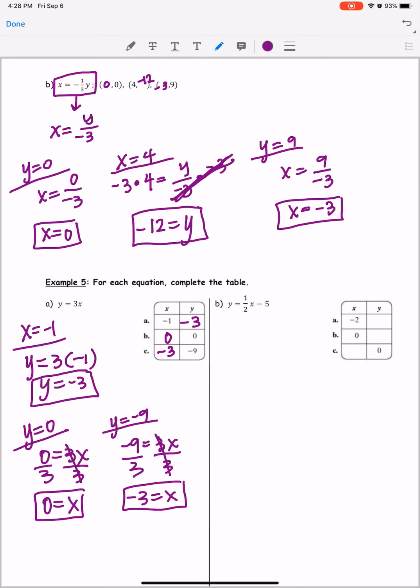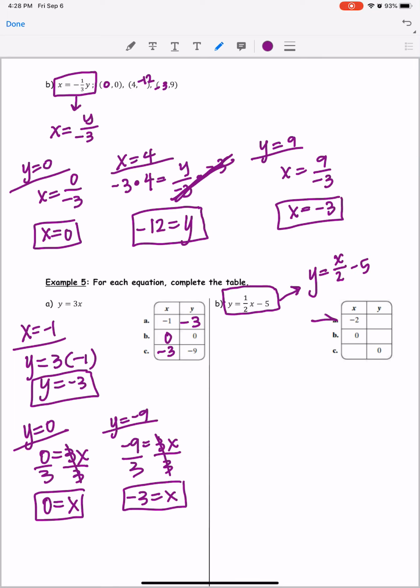Okay, same thing on B. If you don't like this, rewrite it the same way we wrote this. So this equation here becomes y equals 1 times x is x. It's over 2, so keep 2 on the bottom. And then -5.